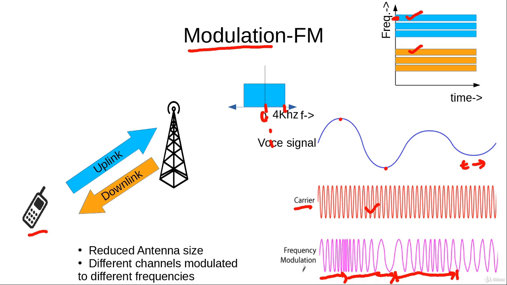So this is the frequency modulated signal for this voice signal, and it has a center frequency equal to the frequency of this channel. The mobile station modulates this voice signal as a frequency modulated signal, sends it through this channel to the base station, and the base station then demodulates it back to the voice signal.